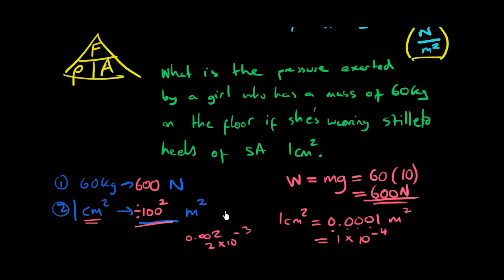And if you had 0.025, for example, that would be 2.5 times 10 to the minus 2. In that case you wouldn't necessarily write it because it's a very small number, but anyway, hopefully that's a bit of revision in standard form. So that would be your answer in meters squared.